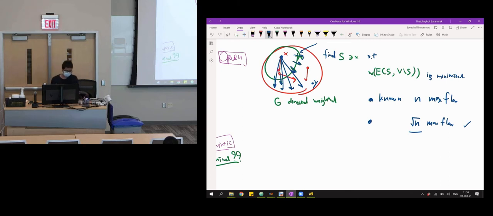But actually, let me point out our bottleneck, the place where we got stuck.